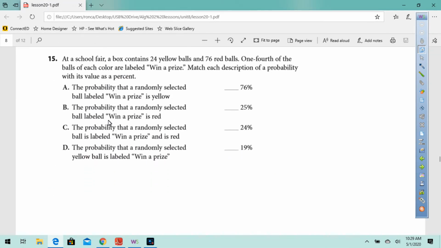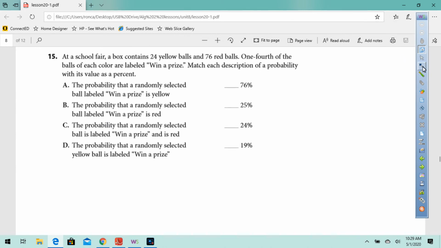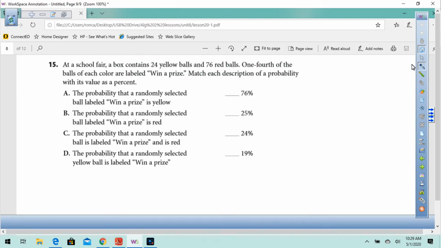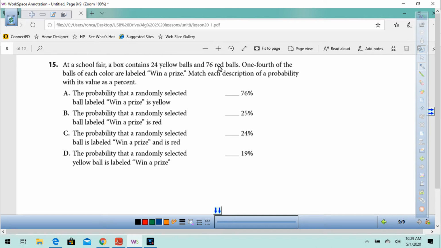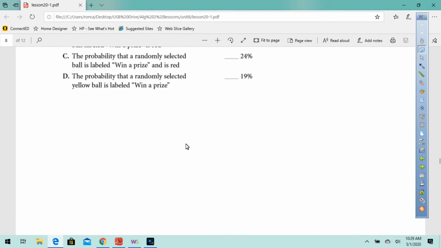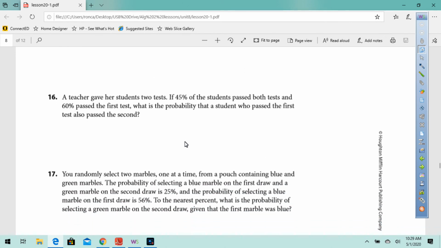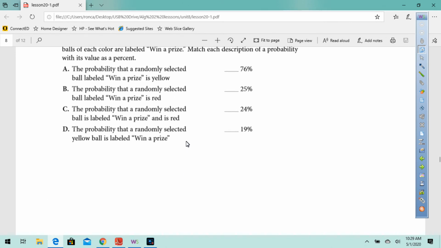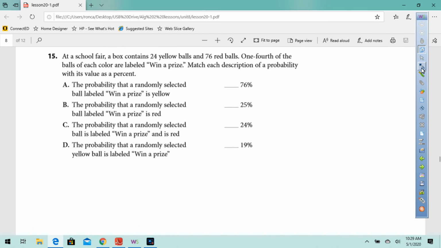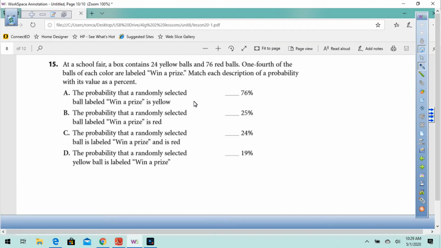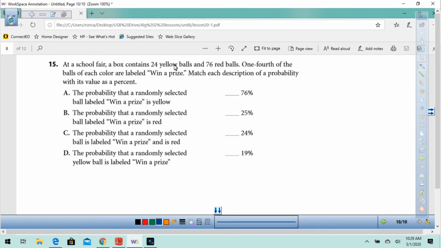At a school fair, a box contains 24 yellow balls and 76 red balls. 1/4 of the balls are win a prize.